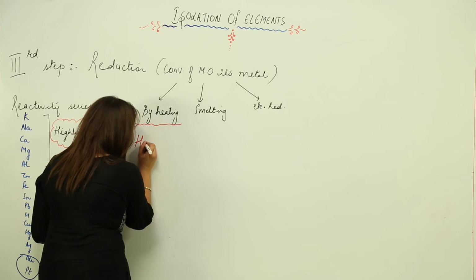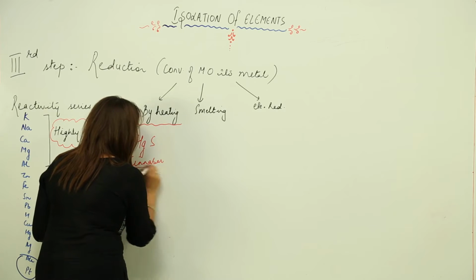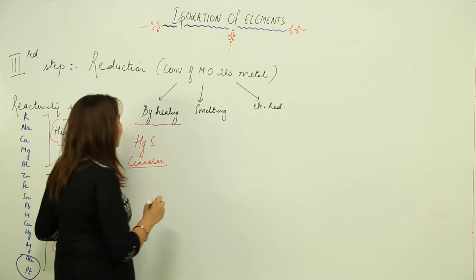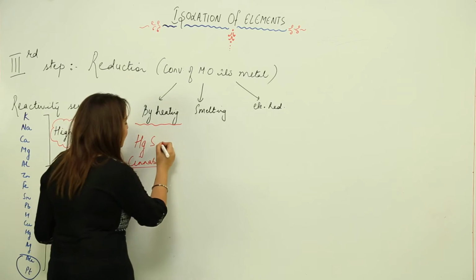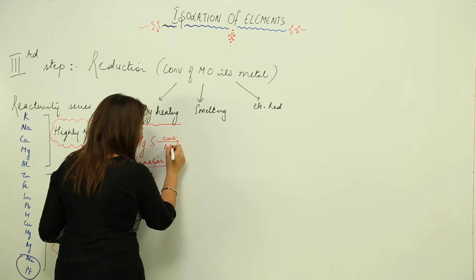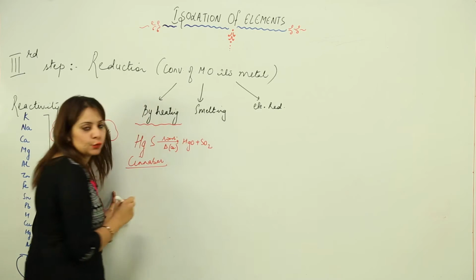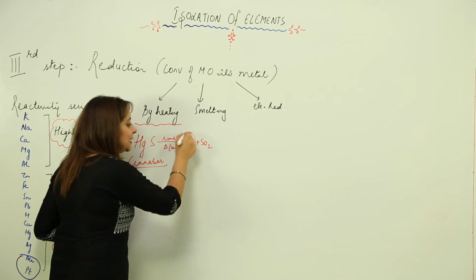Suppose I have a cinnabar ore. This is my cinnabar, HgS, ore of mercury. In the second step I'll be roasting it, because it is a sulfide ore, heating in presence of air, and what do we get? We get HgO and SO2. So this is the second step.